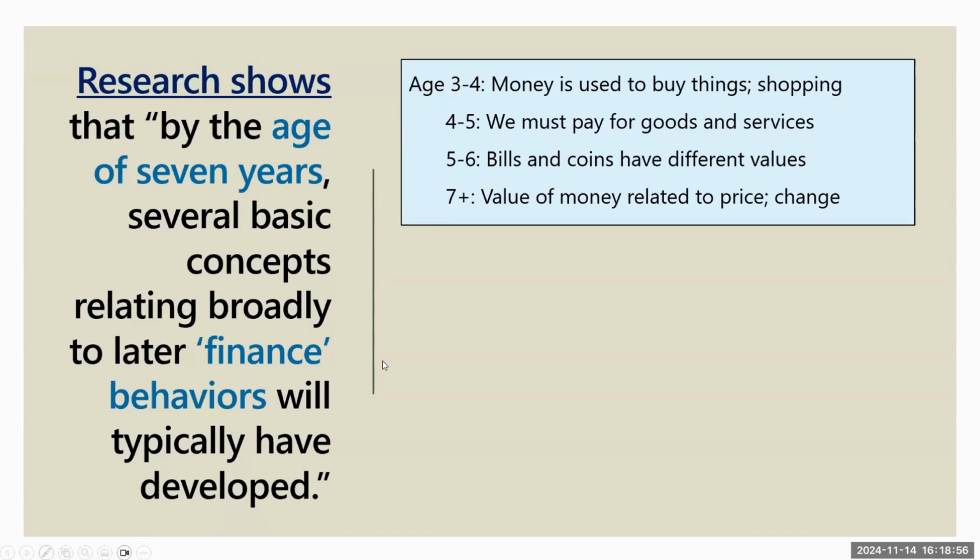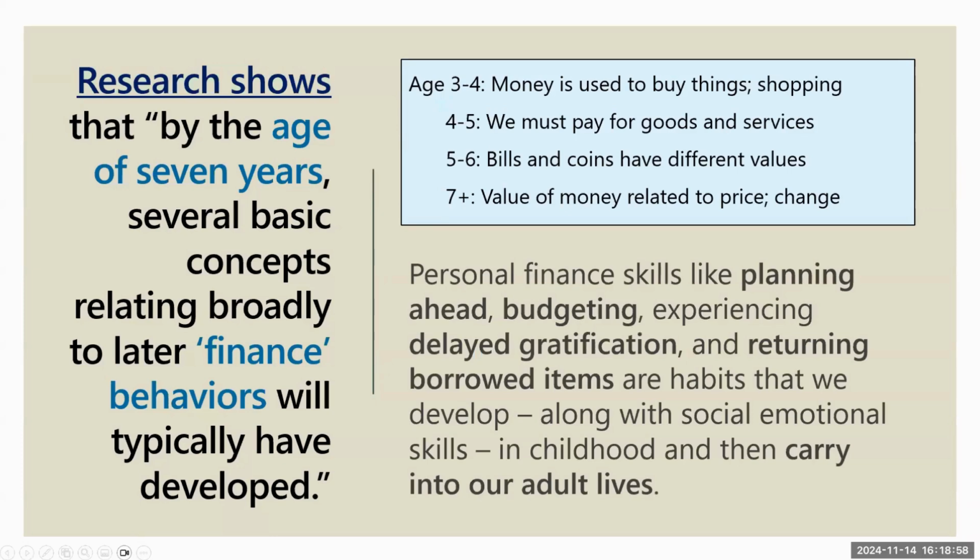So if we switch thinking of personal finance from like budgeting a checkbook, let's not think about it like that. Let's think about it more like planning ahead, right? Budgeting or allocating our resources, experiencing delayed gratification, returning borrowed items, caring about our financial reputation.